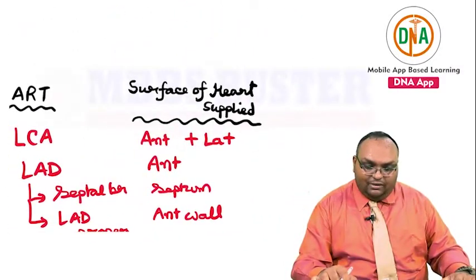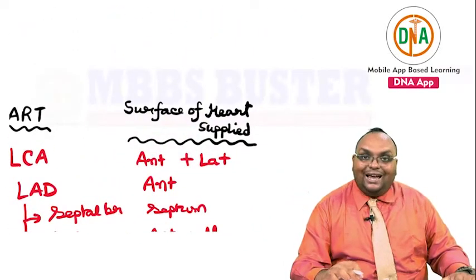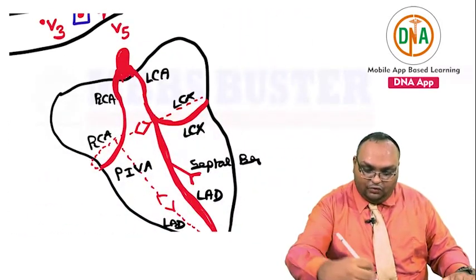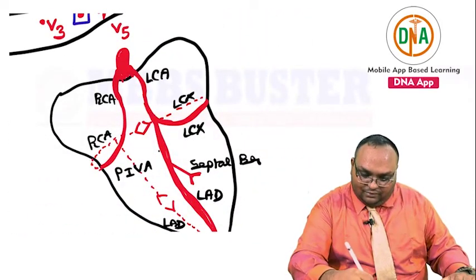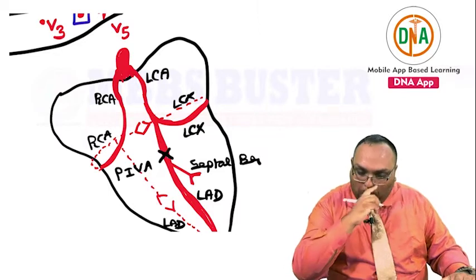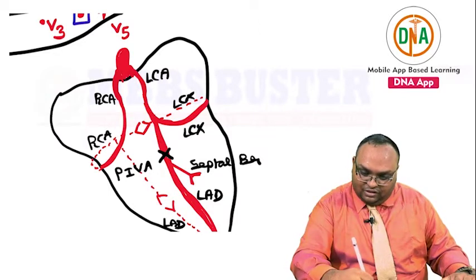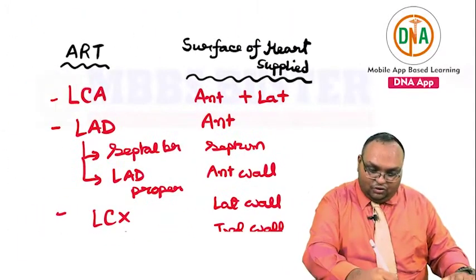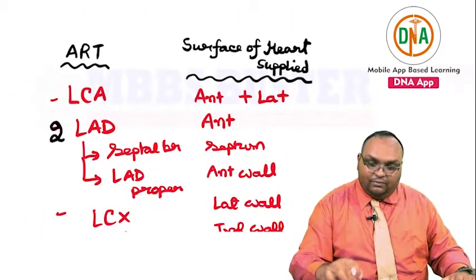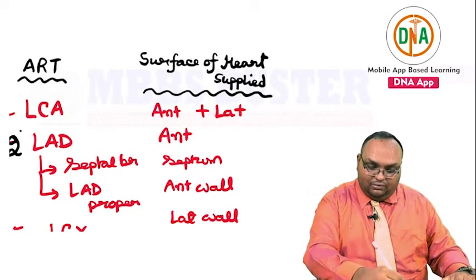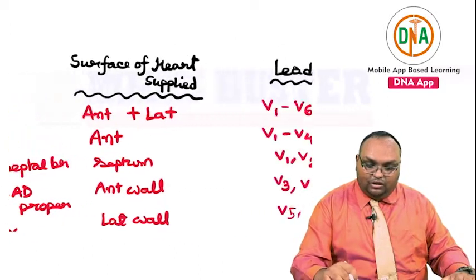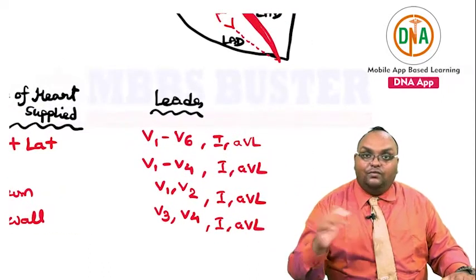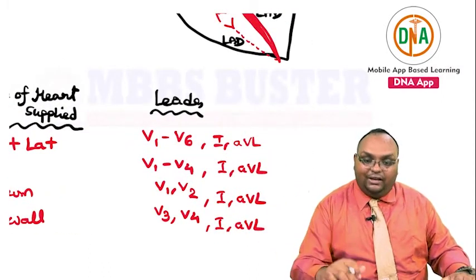You see, the left anterior descending artery, if you have a block over here, I'm marking this as 2. You see, left anterior descending block, the entire anterior wall of the heart is afflicted, V1 to V4, leads 1 and AVL.